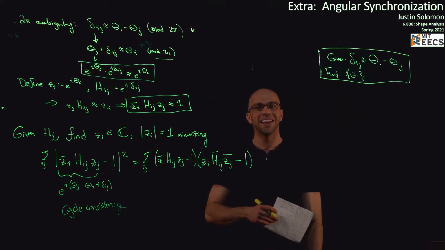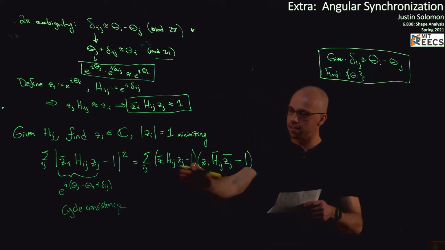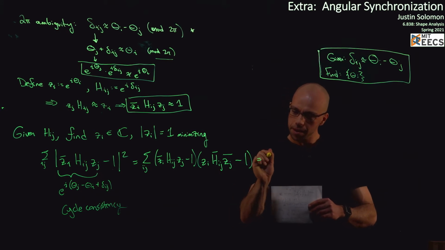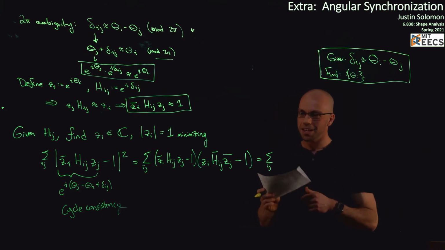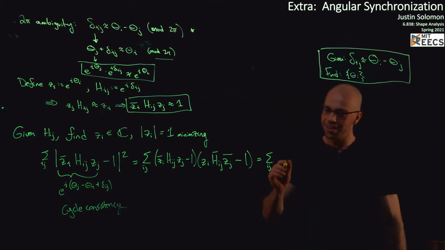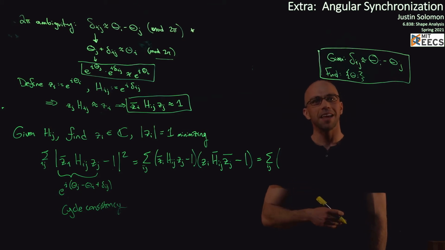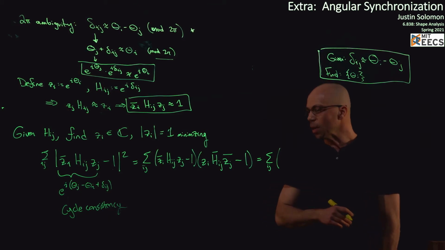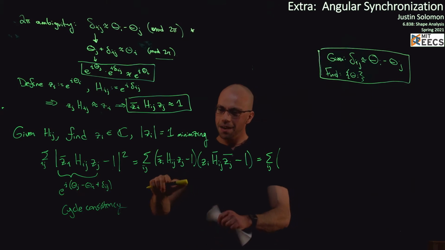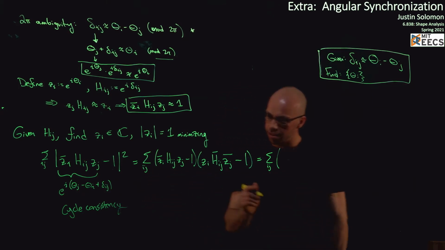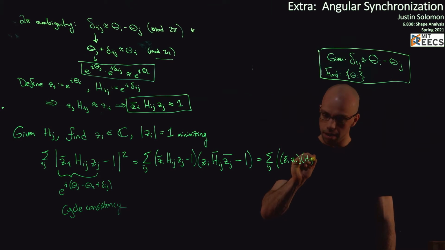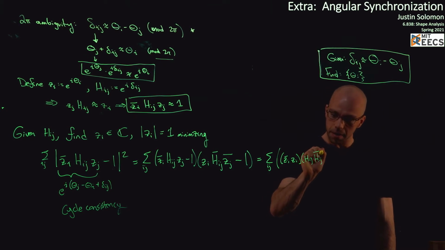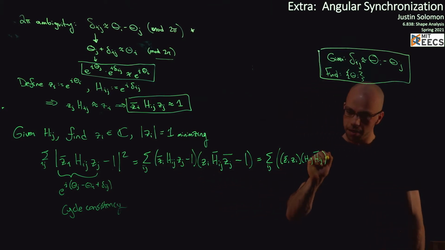Okay. So now we have a quadratic expression. Let's multiply it out. Remember that complex valued multiplication is commutative. This is where angular synchronization and SO3 synchronization fall apart a little bit. But anyway, let's multiply out all of these things. So we're going to get zi bar zi hij bar hij, and then zj bar zj.